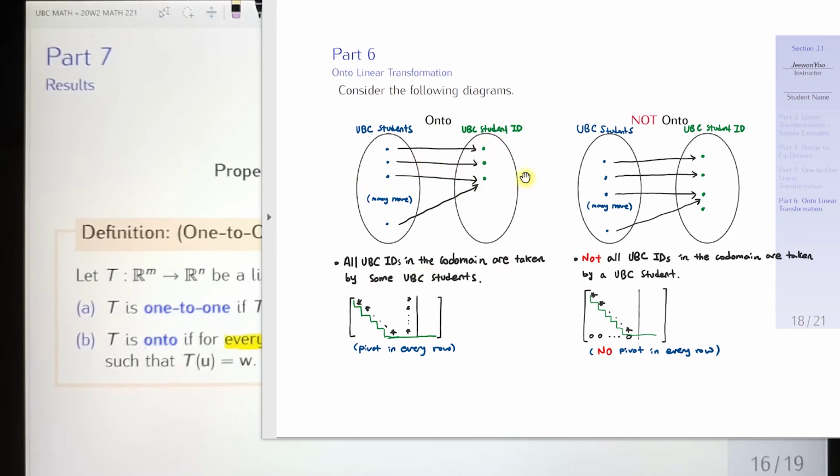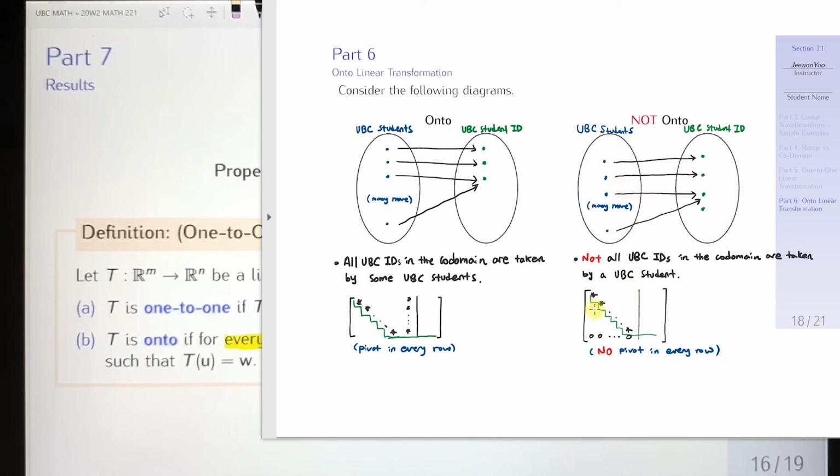And of course, in the matrix world, you can think of it as pivot in every row. Look, for transformation that is not onto, we must have at least one element in the codomain that is not mapped by anyone in the domain, UBC students.